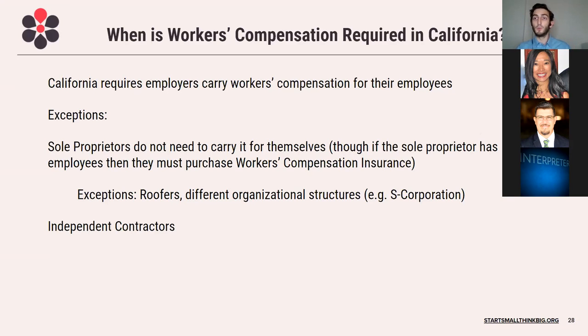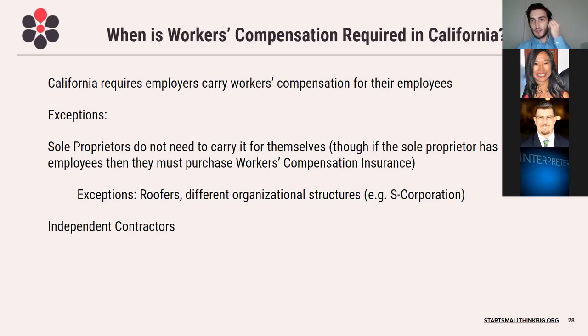But if you are a sole proprietor who has employees, you must purchase it for those employees. So it's a very narrow exception, and it can be narrowed further. The one written out in the law is that roofers who are sole proprietors still have to carry it. I imagine that's probably because it's a fairly high risk job.